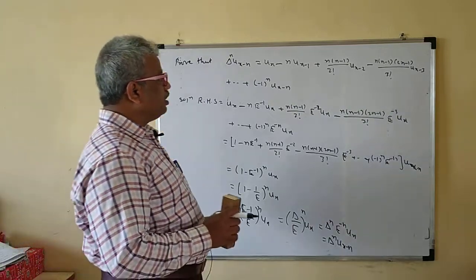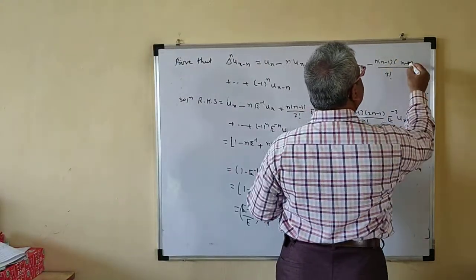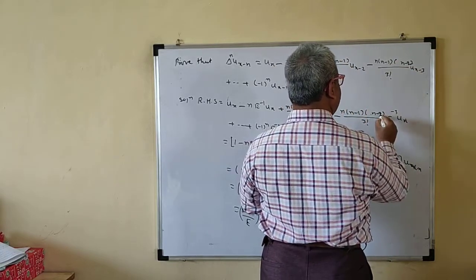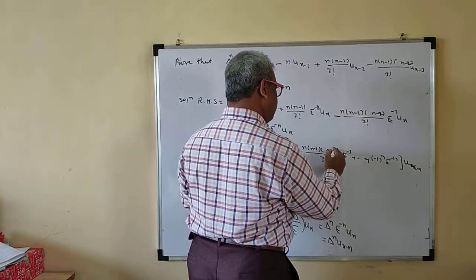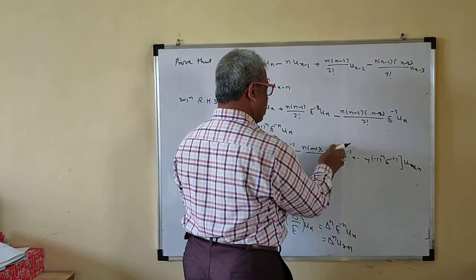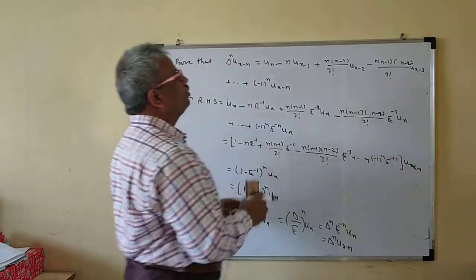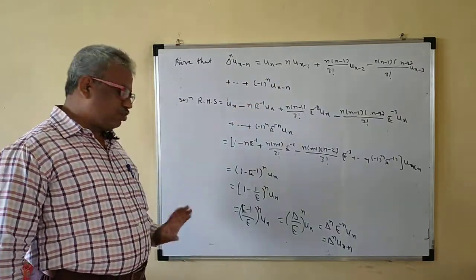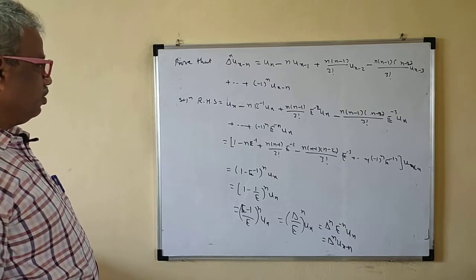This is not n(n-1) twice, this is n-2. So this is the corrected problem, and this is the correct solution of the problem. We are correct now.